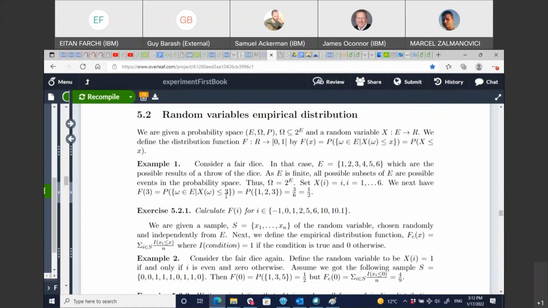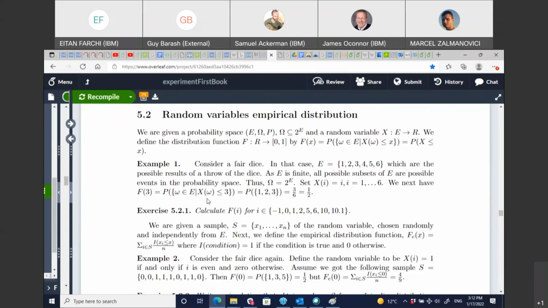So what are the possible items? If you take 1, then the random variable is 1 and it's less than 3. 2, the random variable is 2 and is less than 3. 3, the random variable is 3 and is less than 3, because it's the identity. Now 4, the random variable will be 4 and it's not less than 3, and it's not in that set.